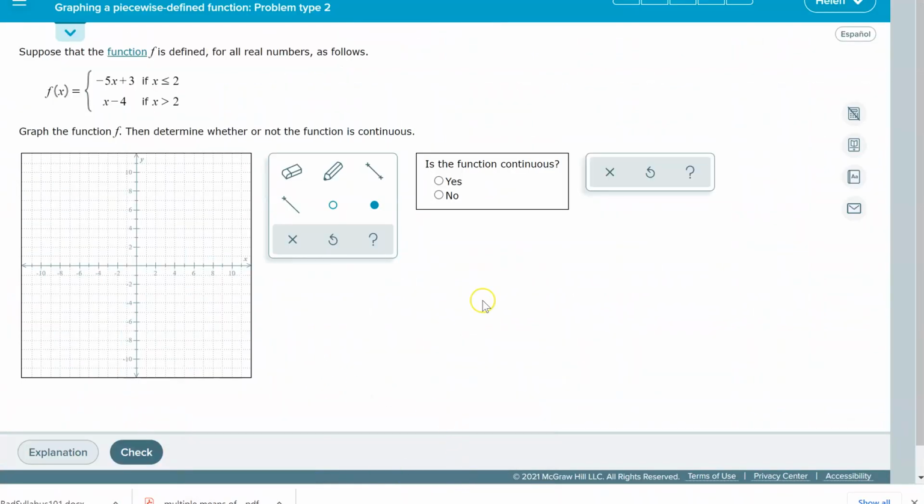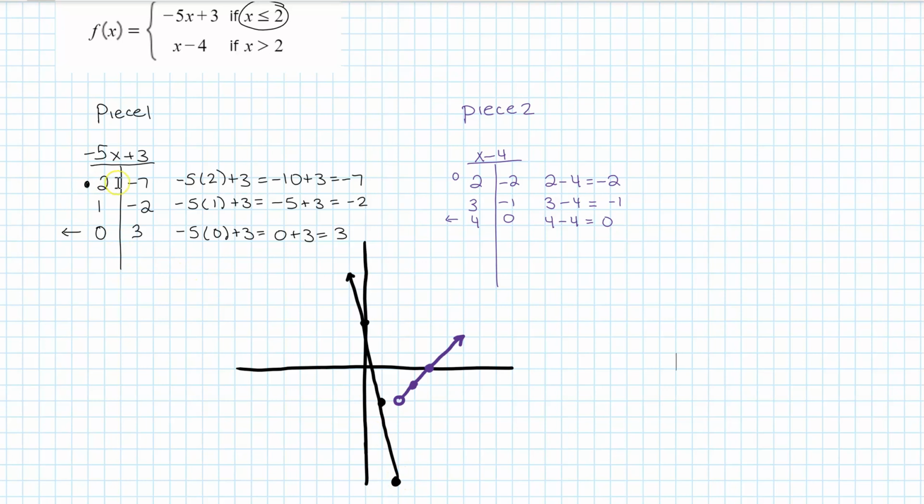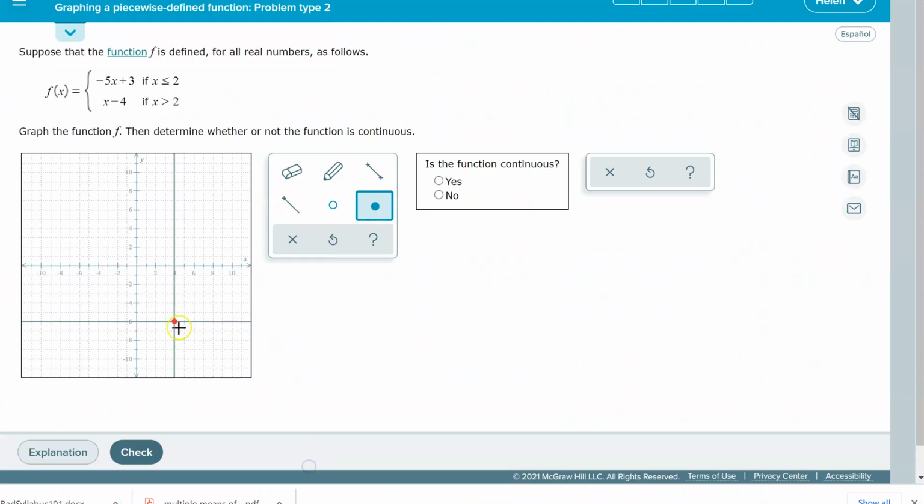I've got this same problem. So I want to start my graph with that solid dot, and that solid dot went at 2, negative 7, and then we did 1, negative 2, 0, 3. So 2, negative 7 was here.